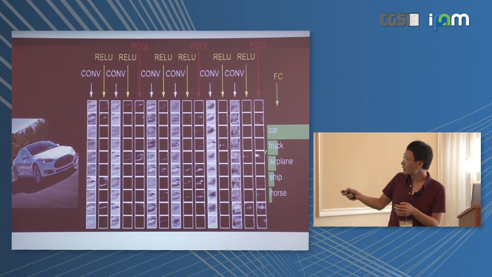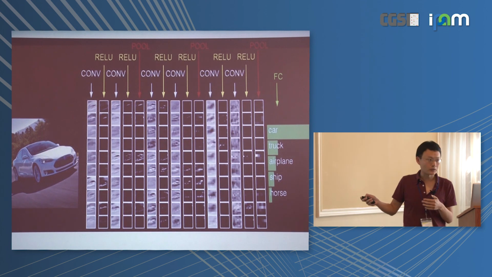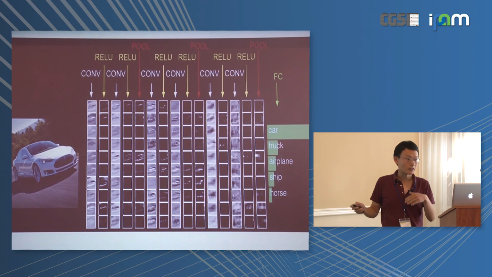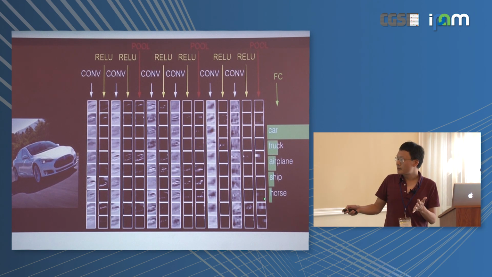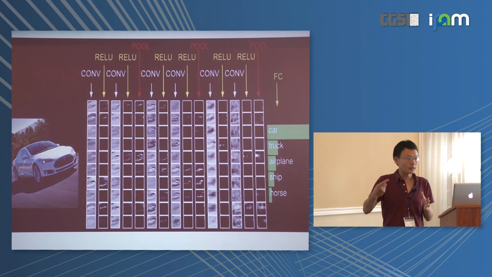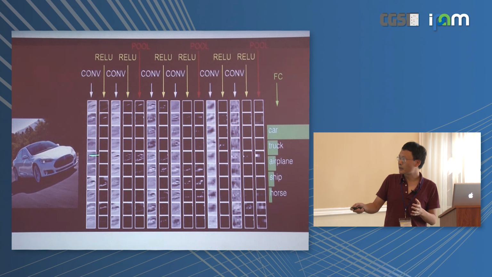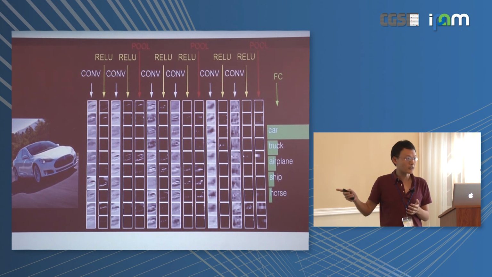But at the very end, it gives something that's easy to parse. It's basically doing a logistic regression at the very end. It takes whatever features were learned and does essentially a logistic regression to say what is the probability that this whole image is a car, a truck, an airplane. It's assigning a probability to each of these classes.